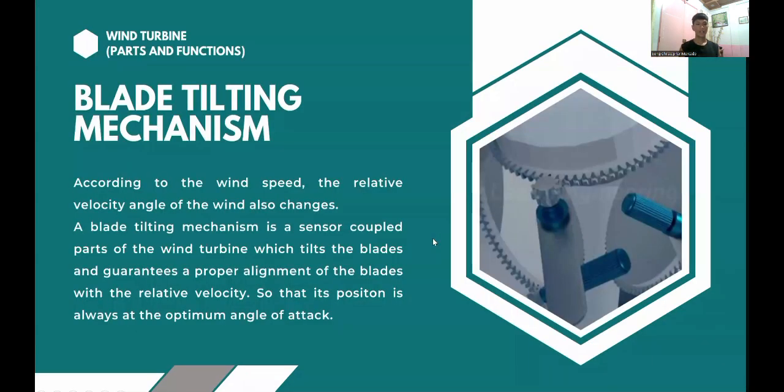Wind turbine. Parts and function. So blade tilting mechanism. According to the wind speed, the relative velocity angle of the wind also changes. A blade tilting mechanism is a sensor coupled part of the wind turbine which tilts the blades and guarantees a proper alignment of the blades with the relative velocity so that its position is always at the optimum angle of attack.